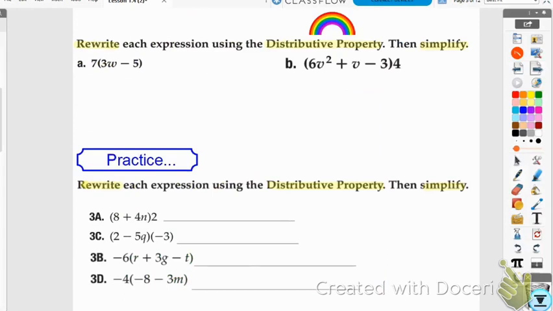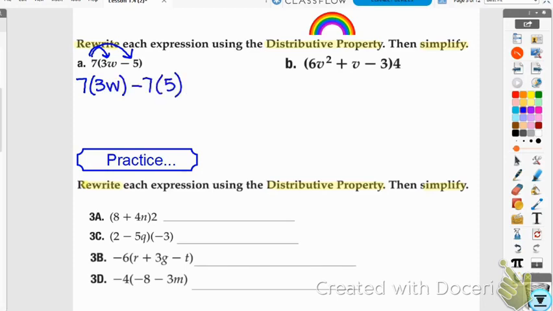So rewrite each expression using the distributive property, then simplify. I like to draw these little arrows so I know to go to both parts inside the parentheses. A common mistake is students would only go to the one, but not to the second one. So I'm going to rewrite this and show what this means. This means 7 times 3w minus 7 times 5.